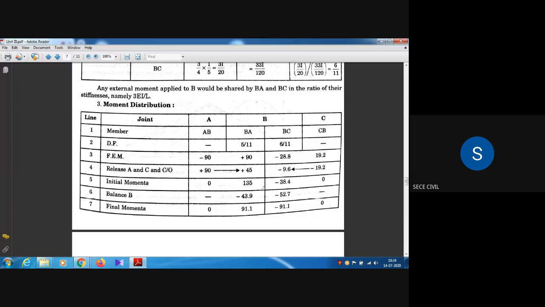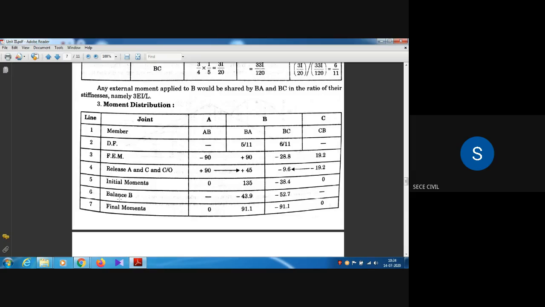If the difference is positive, that is plus, we have to apply a minus value. So for member BA, the distribution factor is 5 divided by 11. We are getting a plus difference of 96.6, so we have to apply a minus value. Minus 96.6 into 5 divided by 11, we are getting minus 43.9.